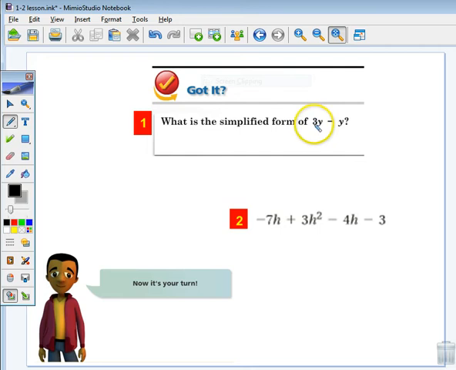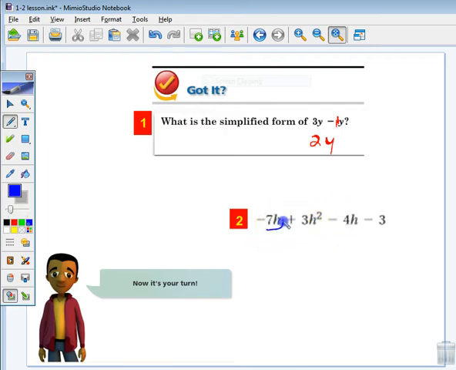Alright, so over here is 3y minus y. Again, you always want to remember that the coefficient in front of this y is a negative 1. So this is really saying 3y minus 1y, which is going to be 2y. Alright, and over here we want to make sure we combine the like terms.